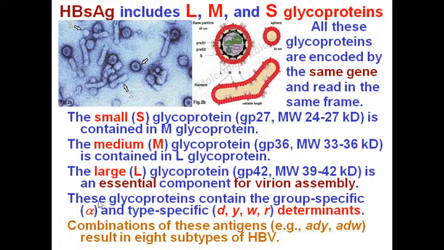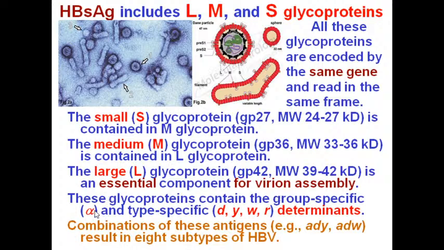So these glycoproteins contain the group-specific alpha and type-specific determinants. What does it mean? I would like to remind you, what does type specific and what does group specific mean?